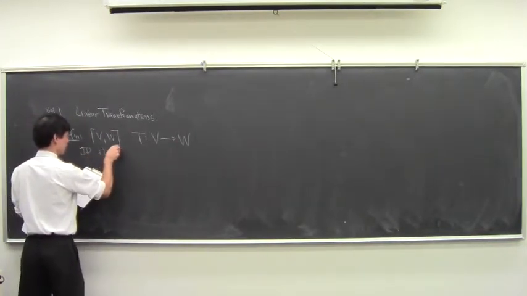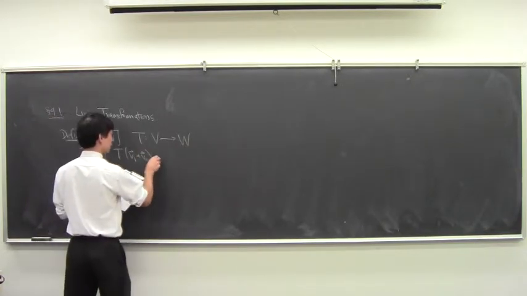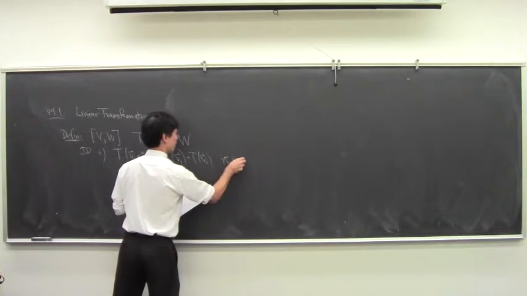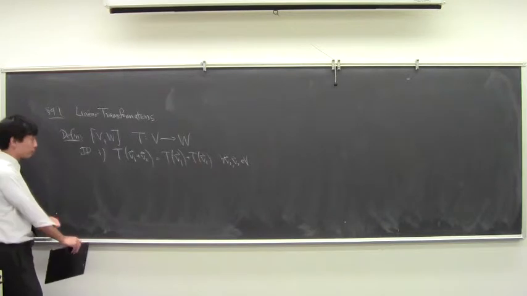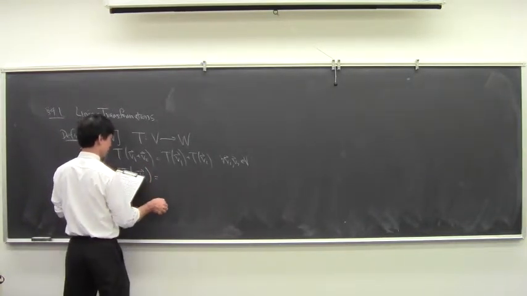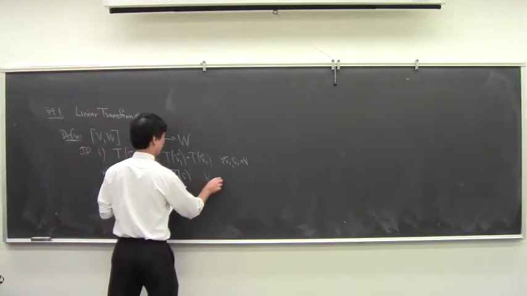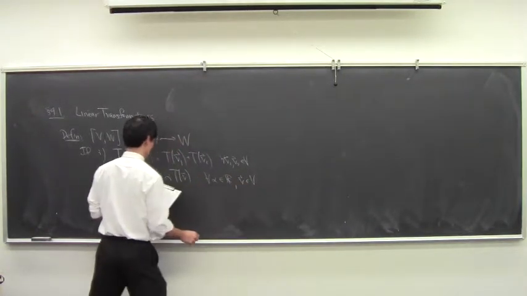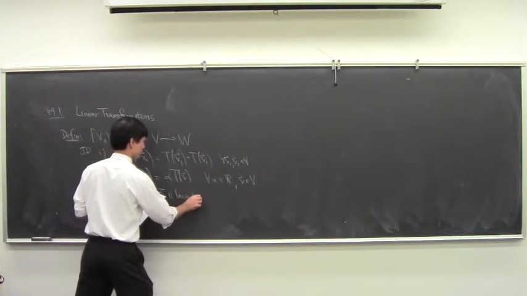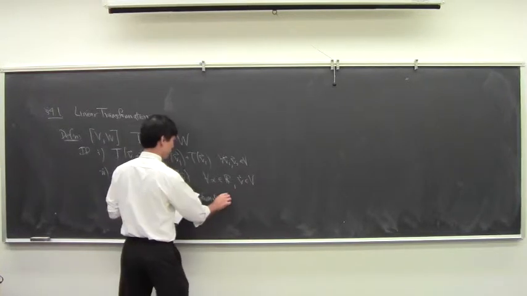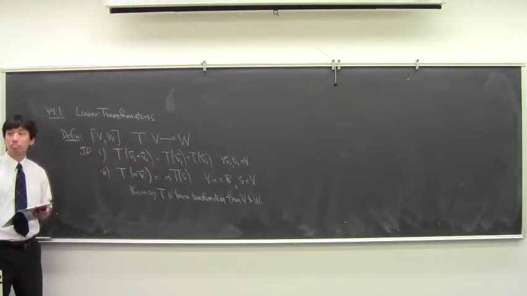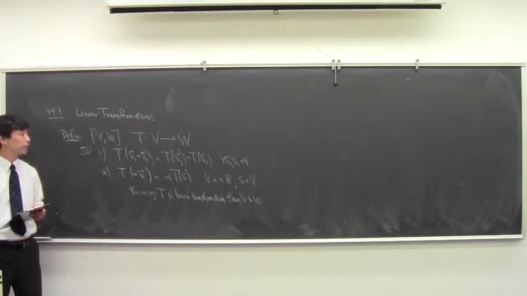If T of v1 plus v2 equals T of v1 plus T of v2 for all v1, v2 in V, and T of alpha v equals alpha T of v for all alpha in your field and v in your vector space, then we say T is a linear transformation from V to W.